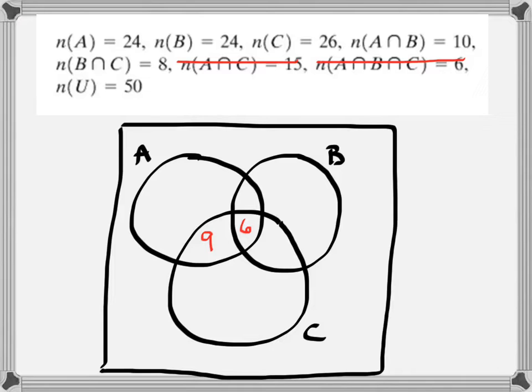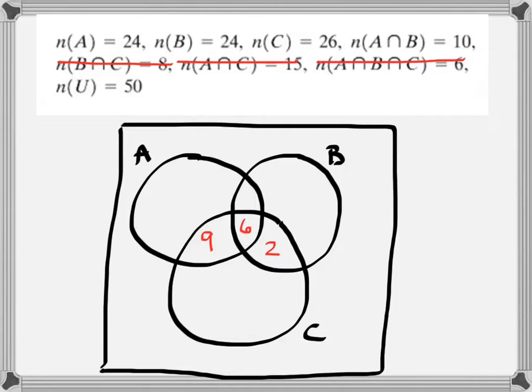Now the next little piece of information we can deal with is the cardinality of B intersect C. We know that B intersect C has 8 elements. The region that would be shaded in for B intersect C already has 6 elements in it, therefore we can go ahead and put a 2 in the other little region.